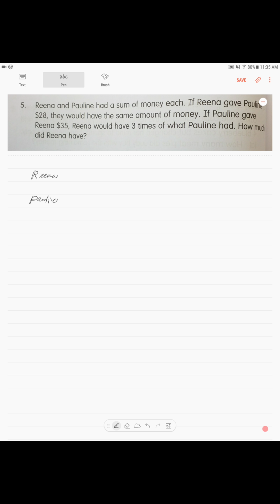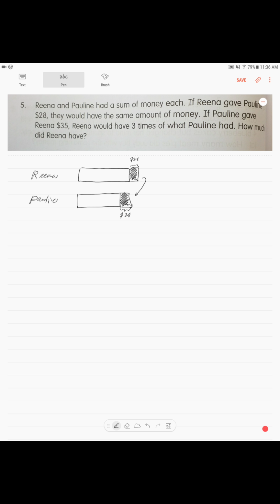Obviously, Rina has more and Pauline has less. So how much less? We draw the units. They would have the same amount of money if Rina gave away this $28 extra. This is the same $28.